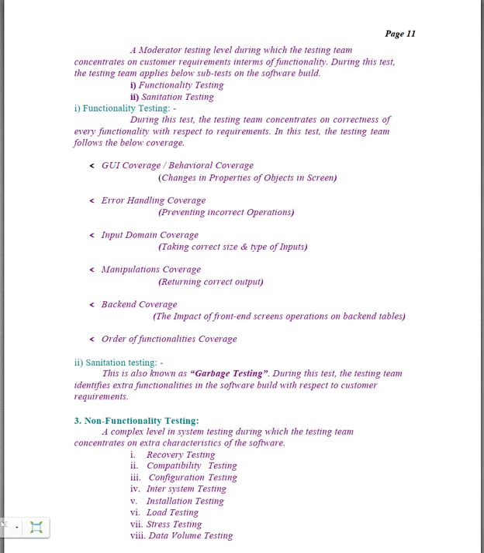We have GUI coverage, the graphical user interface coverage or behavioral coverage, which covers changes in the properties of objects on the screen. Then error handling, like preventing incorrect operation. Then input domain coverage, taking correct size and type of input. Then manipulation coverage, then backend coverage, then order of the functionality coverage.